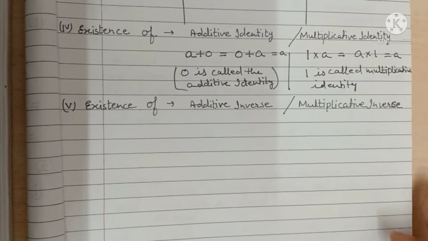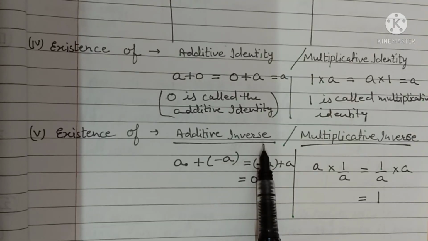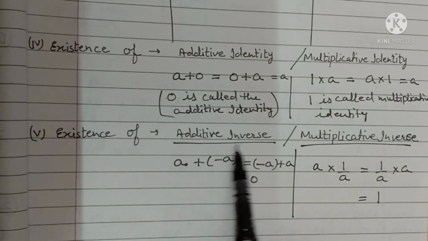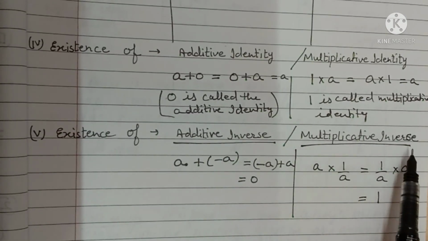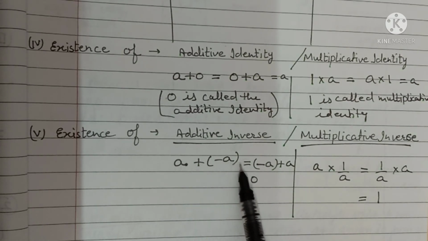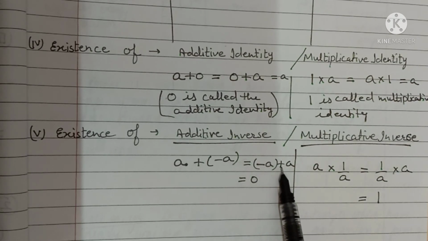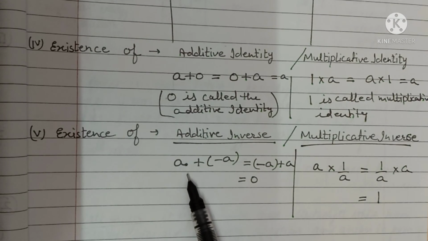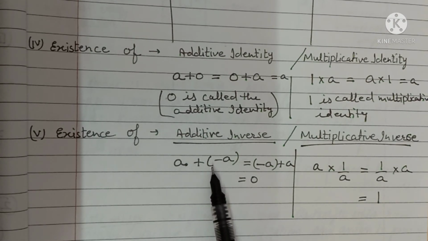Existence of additive inverse and multiplicative inverse. In additive inverse, if a is a real number, then there exists minus a, such that minus a plus a is equal to 0. So both are additive inverses of each other.